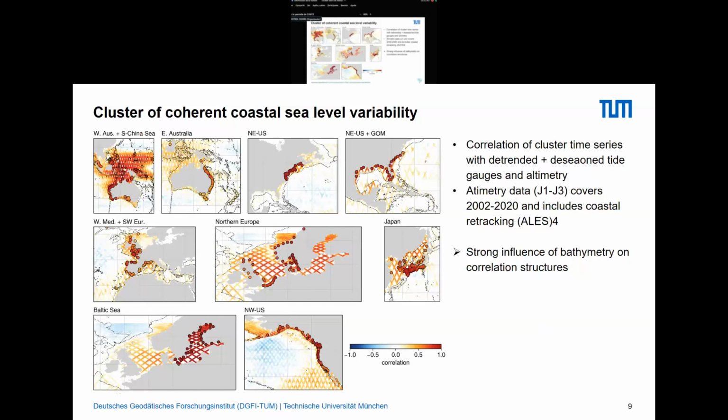Now, what might be interesting is to understand how these cross-shore correlation length scales and the alongshore correlation length scales actually behave. So we try to quantify this, which is of course also important because it gives a good indication of what length scale we actually need to resolve with products like gridded altimetry, for example.